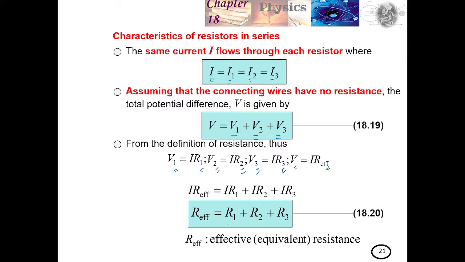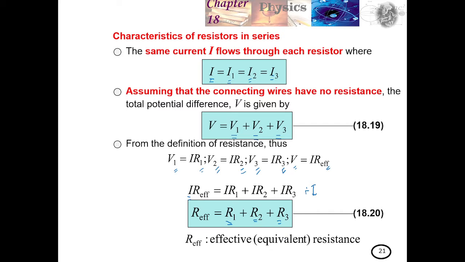So R effective equals R1 plus R2 plus R3, because we divide by I and cancel I everywhere. R effective we call the equivalent resistance, as if we have only one resistance in the circuit.